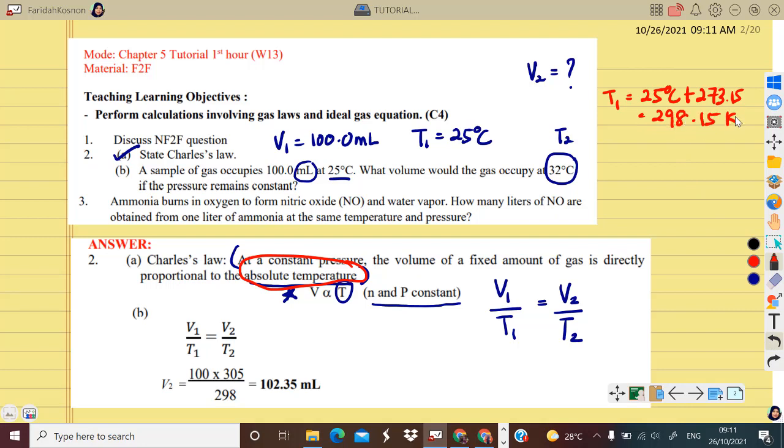Okay, and you do the same procedure for 32 degree Celsius. Okay, tukarkan 32 degree Celsius kepada Kelvin. So T2 is 305.15 Kelvin. So you buat sendirilah. Penukaran itu you buat sendiri.